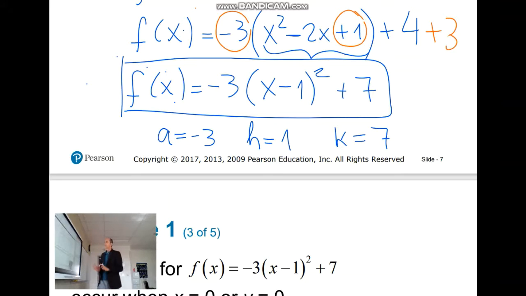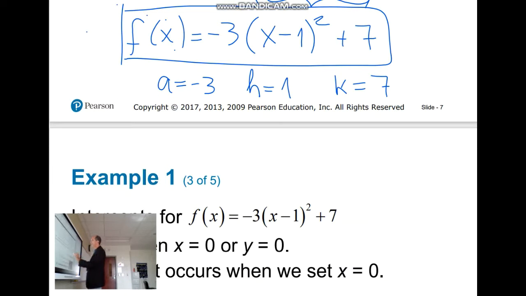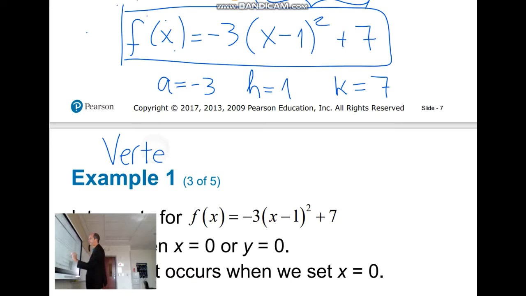What's good about this format is that it's easy to find the vertex, because the vertex is the point (h, k), which is x equals 1 and y equals 7. This is going to be the vertex by definition.